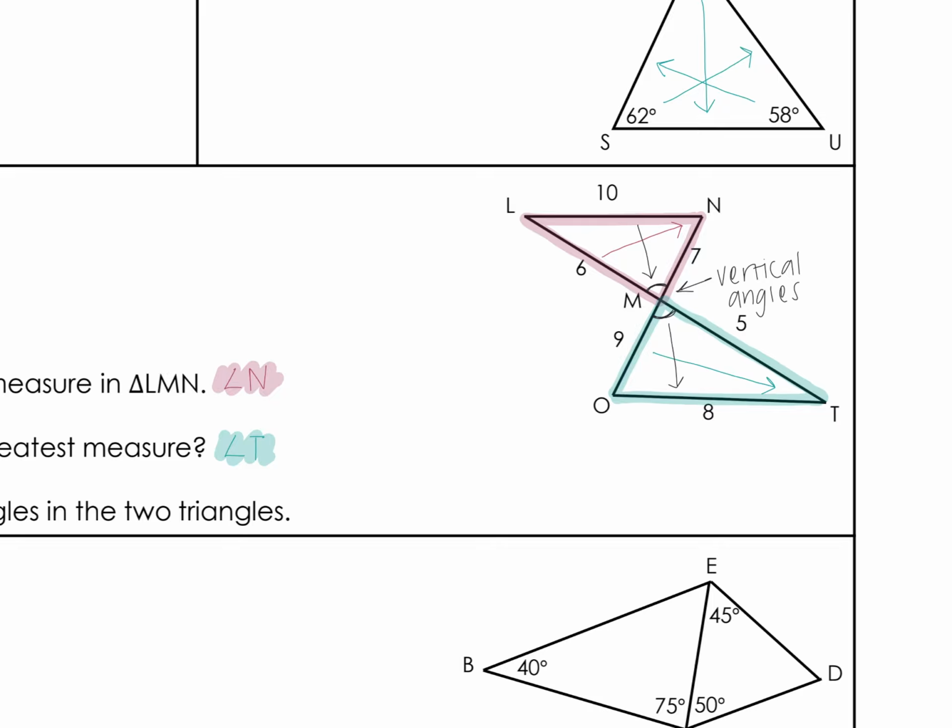Okay, so that means that in of all triangles, I then need to identify that my largest angle will be angle T. Okay, so like I said, be very careful. It's not just the largest side in both triangles. That whole it being the largest angle only applies for that specific triangle. So when we're bouncing between 2, we need to be able to kind of compare. And so my vertical angles allows me to do that.